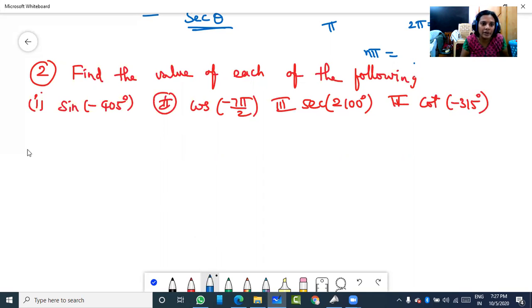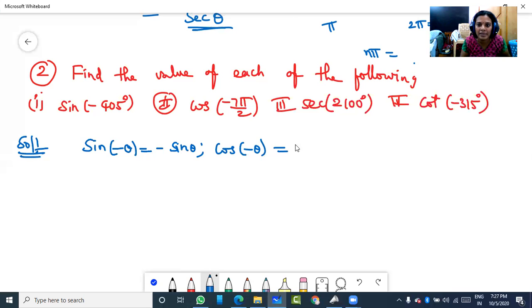Here also we use the negative angles. We know that sine of minus θ is minus sine θ. Cos of minus θ is cos θ. Cot of minus θ is minus cot θ.